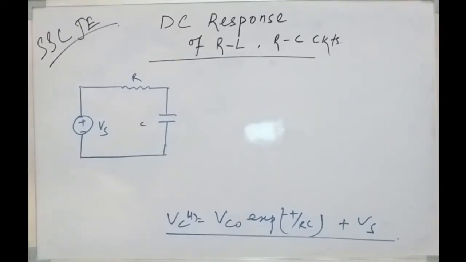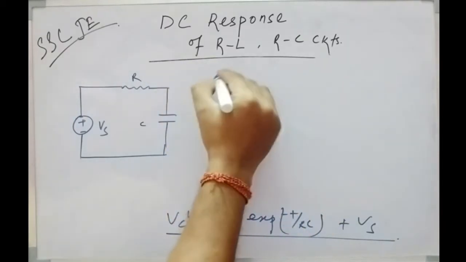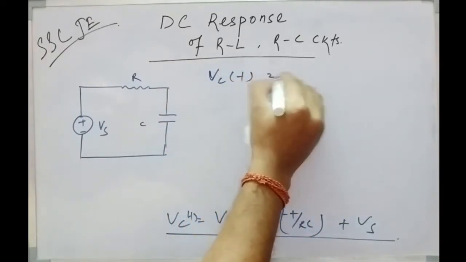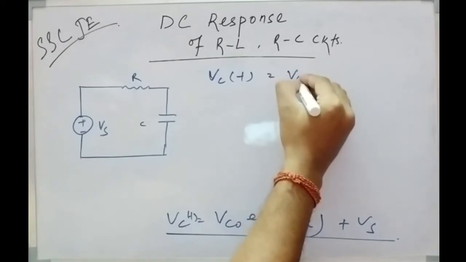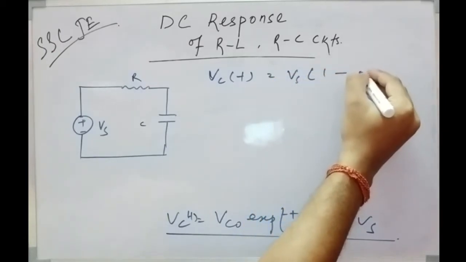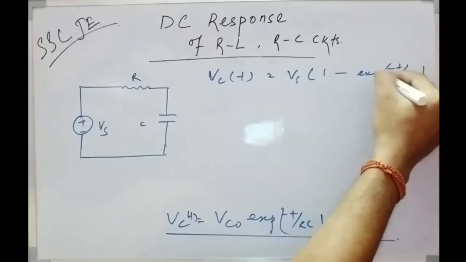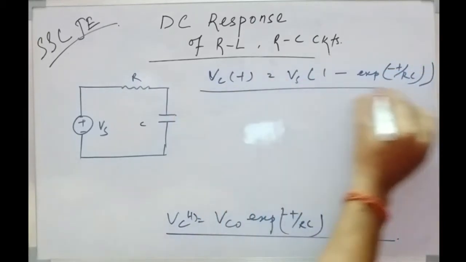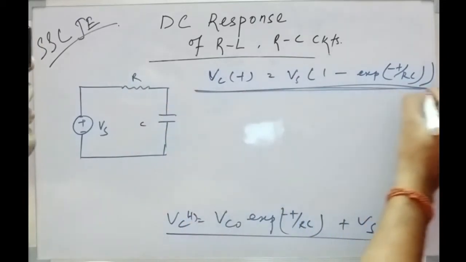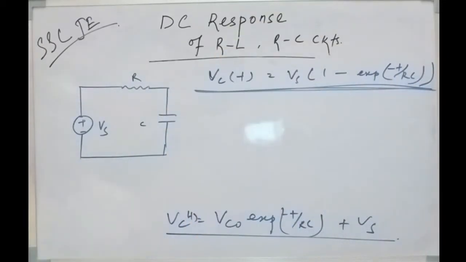After deriving the final expression, you will get Vc(t) equals Vs times 1 minus exponential minus t by RC. This is the response for an RC circuit.